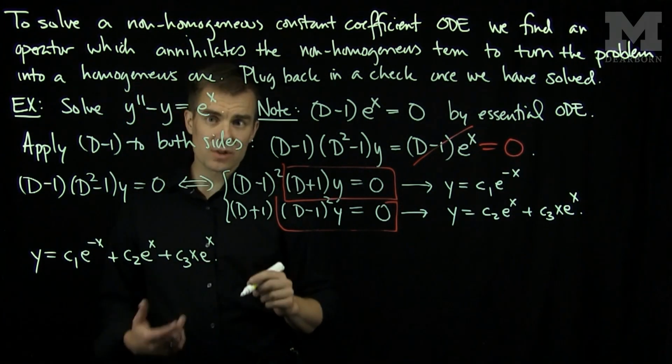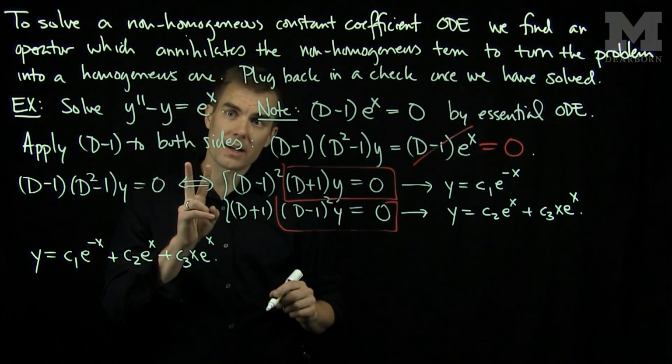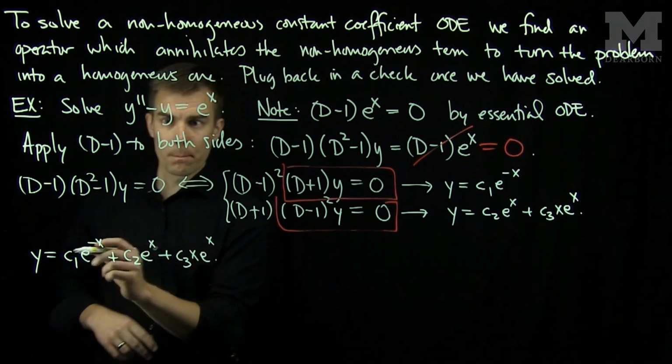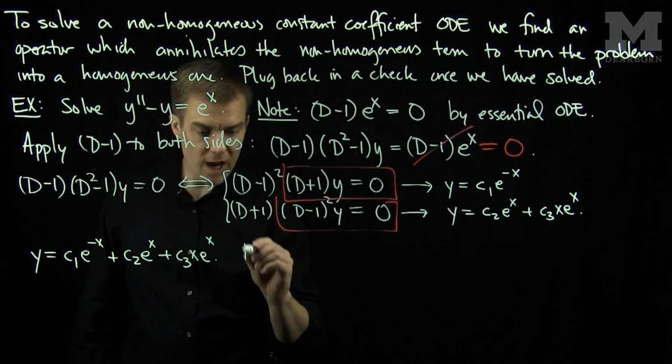But notice that we started with a second order ODE, so we should only get 2 arbitrary constants in our solution, but we have 3. So we need to plug back in and check.